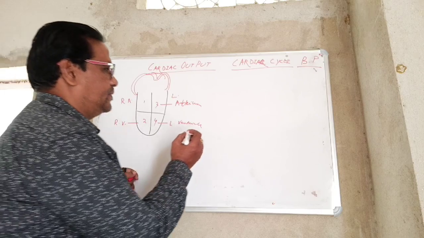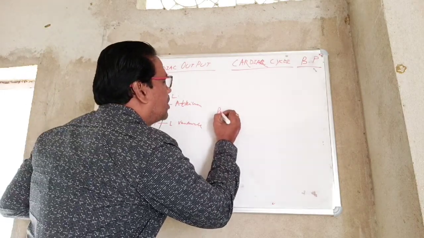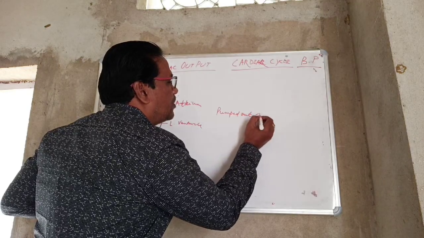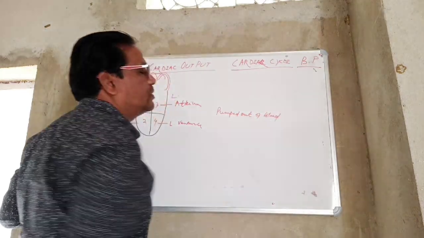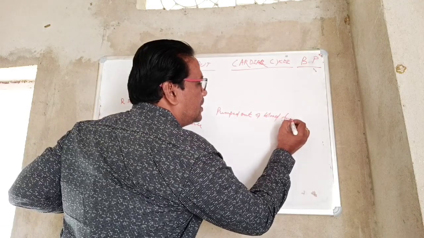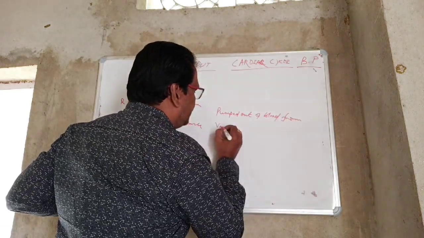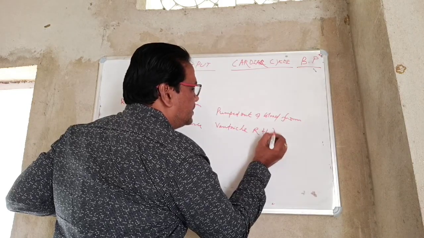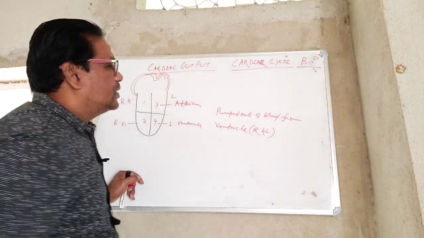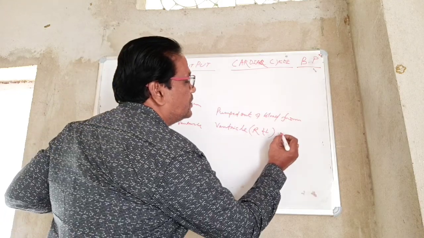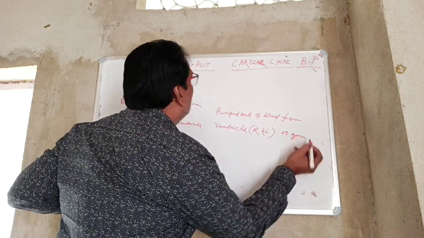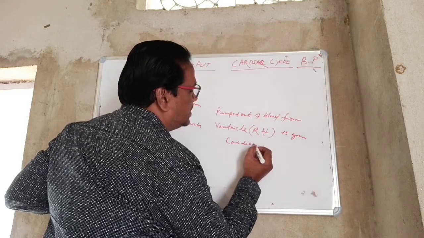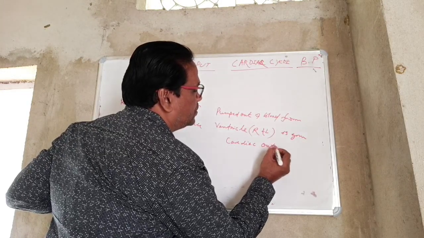per minute. The blood pumped out from the right and left ventricle per minute is your cardiac output.